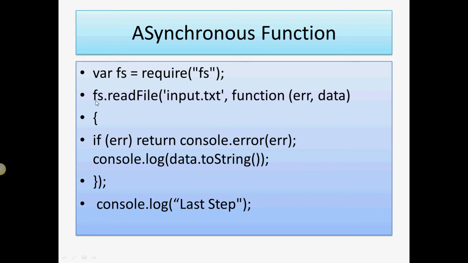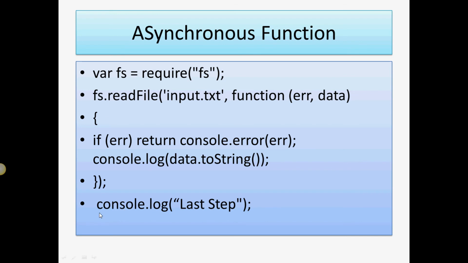Now if you understand this program, it's a very simple program. You are reading a file, but you are not waiting for the file to be read, because you have a callback function. It starts reading, but jumps to the next statement.